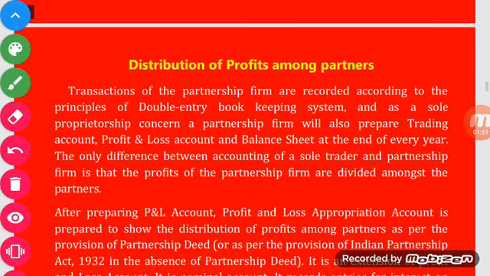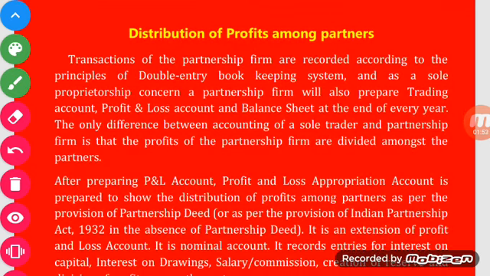The point is the distribution of profits among the partners. As you are seeing on the screen, transactions of the partnership firm are recorded according to the principle of the double entry bookkeeping system. As you know, all accounting is done as per the double entry bookkeeping system.